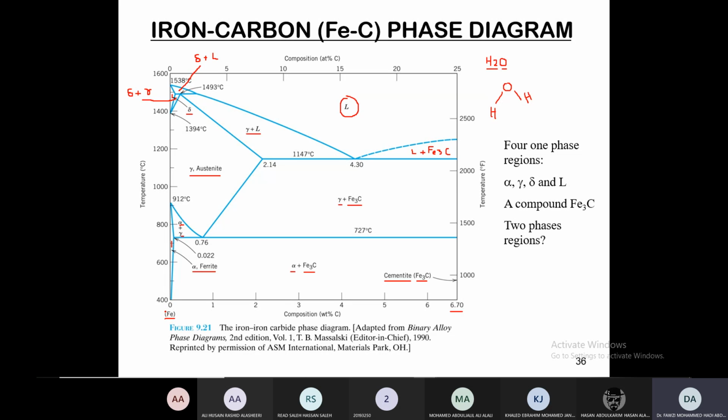That's 100% iron, 0% carbon. So you just go up. This is all solid phase that you are having here, that's the area of the liquid. So basically that will be the melting point temperature of the iron, 1538 degrees centigrade. So you can say that.